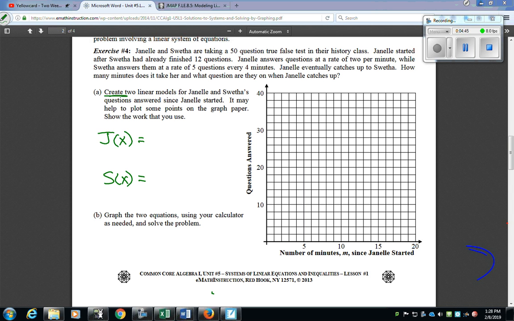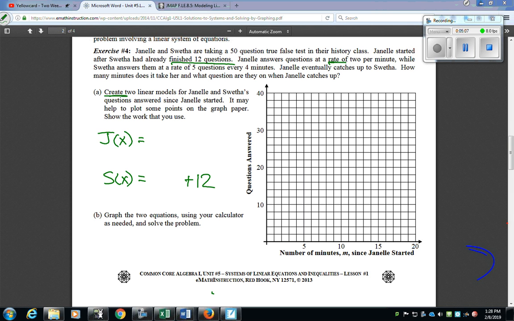So it says Janelle and Swetha are taking a 50-question true-false test. Janelle started after Swetha had already finished 12 questions. So there's a little clue. Swetha already did 12 questions, so she's going to be 12 questions in. Janelle answers questions at a rate of 2 per minute. That word rate refers to the slope.